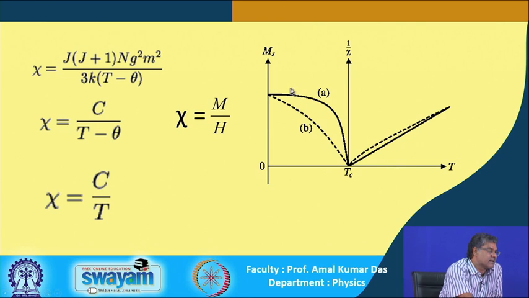In this case, the magnetic metal you have taken, you are measuring magnetization as a function of temperature. Below T c it is the ferromagnetic phase, and in the ferromagnetic phase this relation is not valid. But in this case the representation of magnetization versus temperature is good enough, because the magnetization changes and goes towards 0.